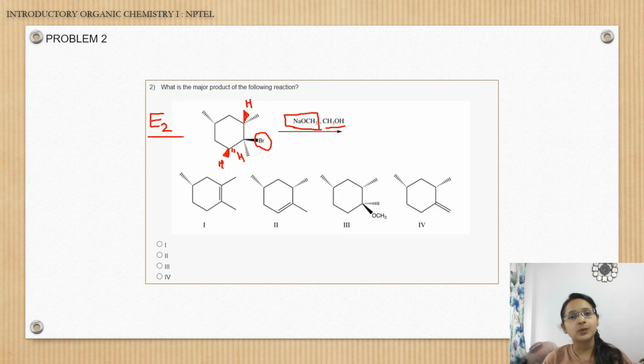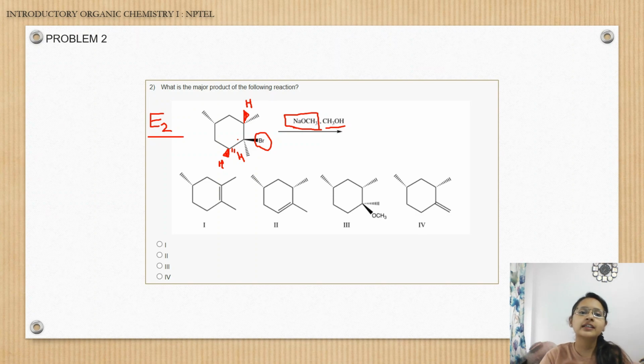Only then will it go by E2 elimination and give you the alkene. So here we have to look out which hydrogen is anti to Br, so that both can get eliminated and form the alkene via an E2 elimination mechanism.